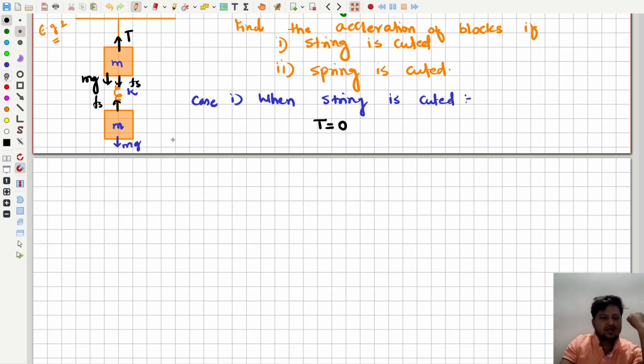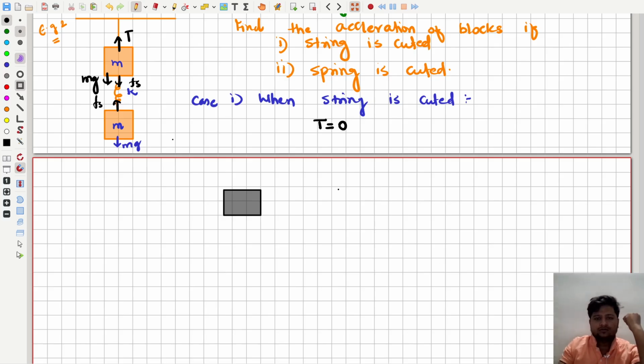Zero. Now, if I take the FBD of these two blocks of mass m and m, for the upward block, net tension will become zero, so there is no force from above, but downward there is a spring force, and then there is a weight mg.